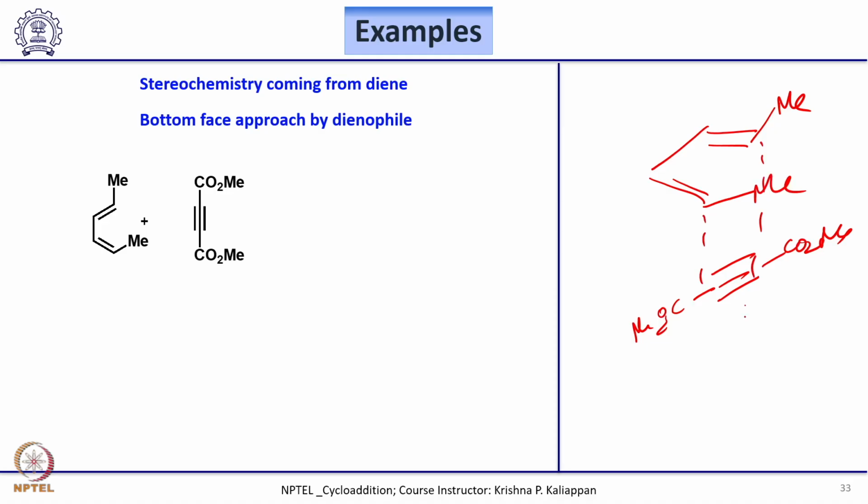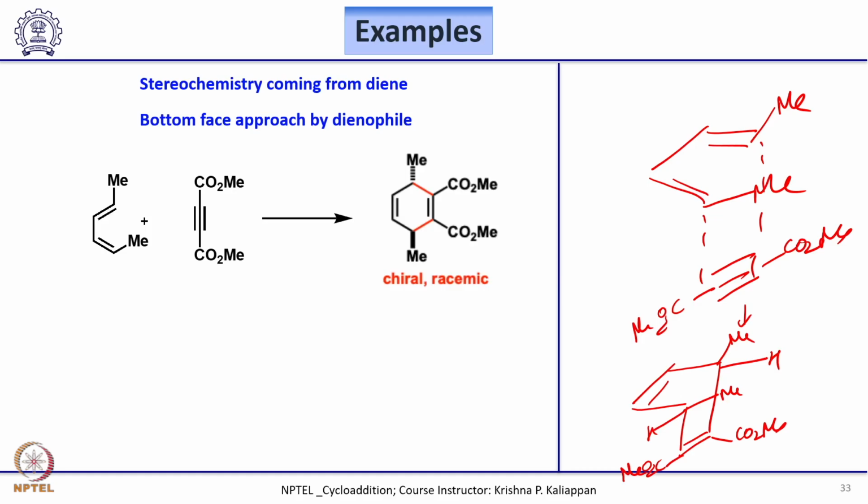And now if you write the product, what will you get? You should get, so in the product you will see now this methyl is alpha and this hydrogen is beta.